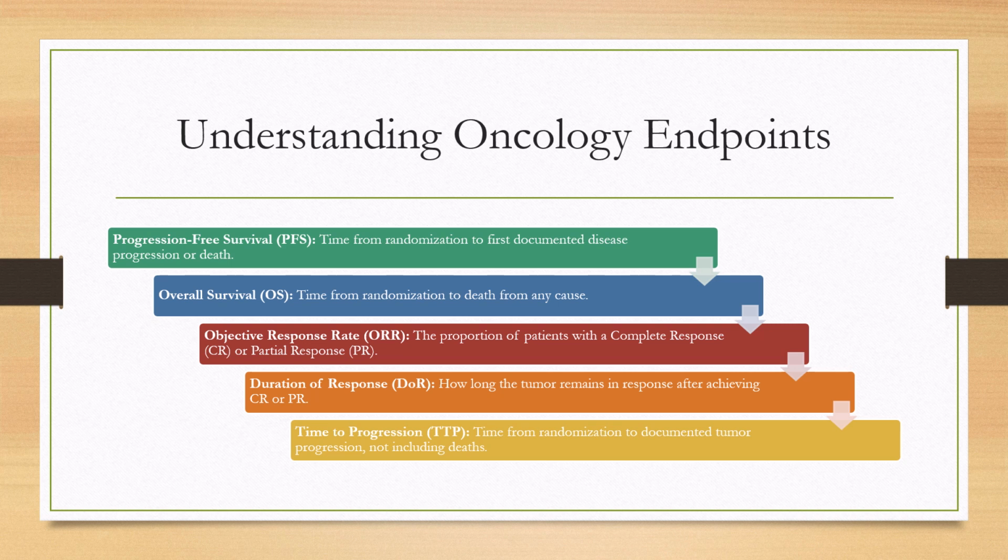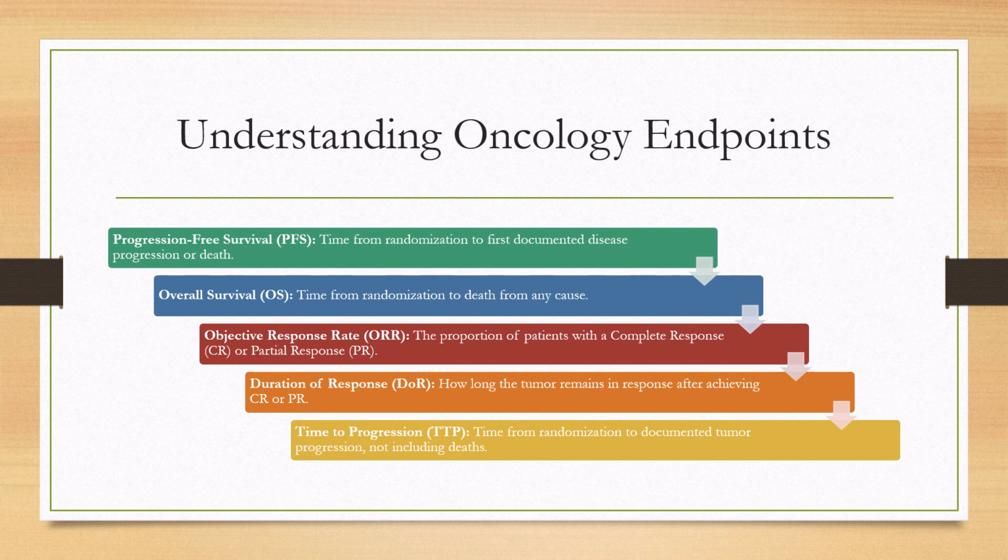Imagine a clinical trial where 100 subjects are being treated with a new drug. Researchers measure the size of each patient's tumor before and after the treatment. After the treatment, 20 patients have a complete response, meaning their tumor disappeared entirely, and 30 patients have a partial response, which means that their tumor shrank by at least 30%. 50 patients have no significant change in their tumor or their tumor grew, so they don't qualify for PR or CR.